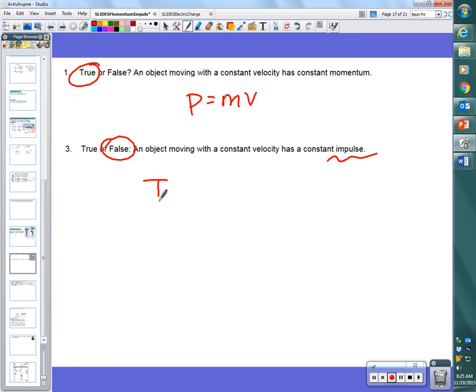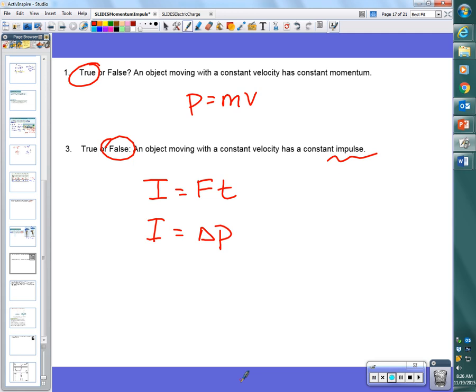Force times time. But as far as a definition goes, what does impulse do to an object? It changes the momentum. Impulse changes momentum. And we refer to that as the impulse momentum theorem.